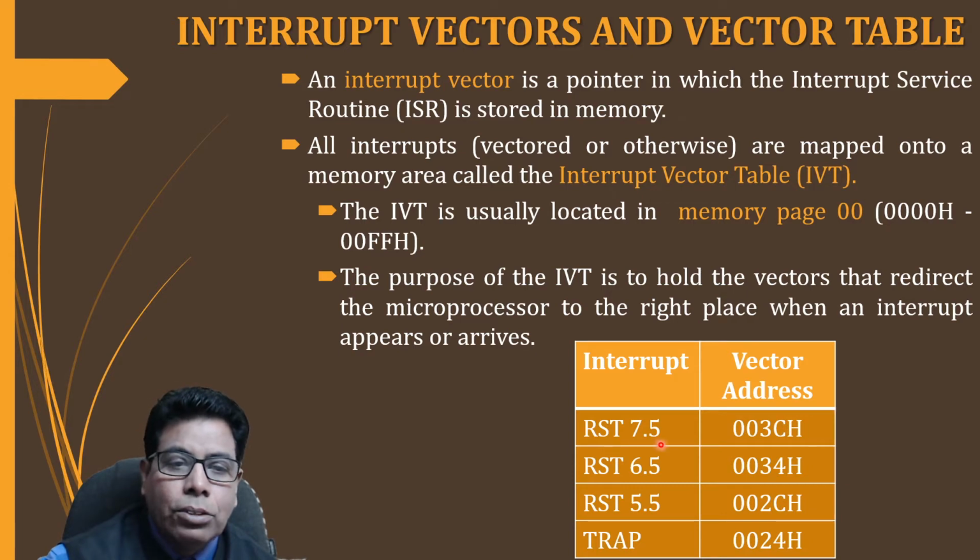For RST 7.5 it is 003C, 6.5 is 0034, 5.5 is 002C, and for TRAP it is 0024. These addresses are fixed for these interrupts. We can't change them. So whenever we want to use these interrupts, we have to make use of these vector addresses.